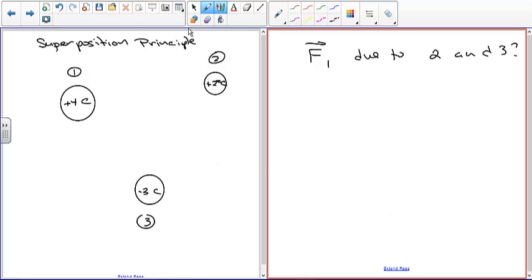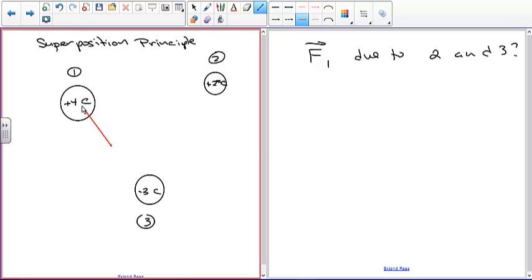So if we look at this qualitatively, here we have two charges that are opposite in signs. So this is going to be an attractive force, and it's going to be in the straight line between these two charges. So this would be the force vector on charge 1 due to charge 3.